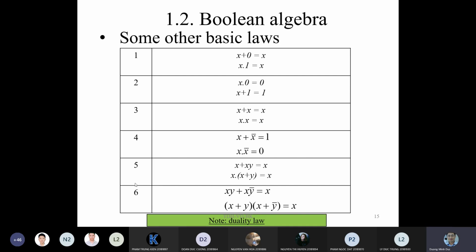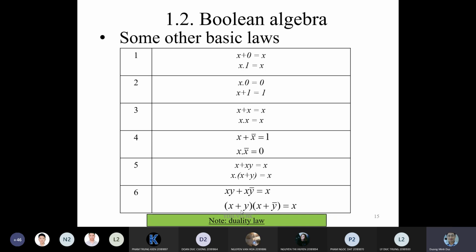And the sixth basic law is here. x multiply y plus x multiply y bar equals x. This one also can be proved easily by using distributivity: x multiply (y plus y negation), and y plus y negation is equal to 1, so x multiply 1 is equal to x.